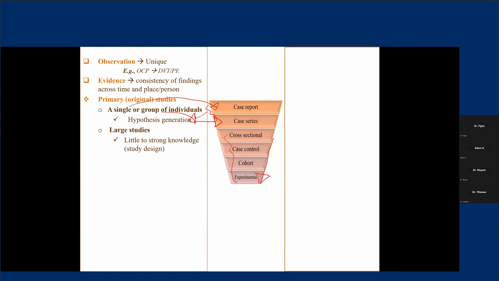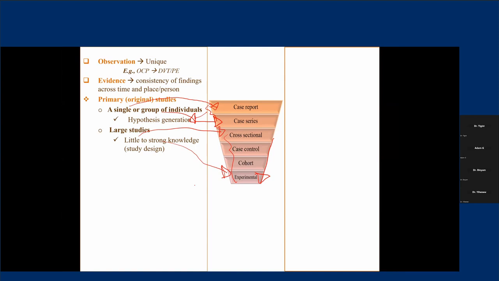So someone who conducted an experimental study, particularly a randomized controlled trial, which is the gold standard study design for a primary study, the level of evidence and the level of knowledge that we can gather from that study increases. We can get little information or a source of evidence from a cross-sectional study, and as we go down the pyramid, we get stronger sources of evidence from experimental studies.